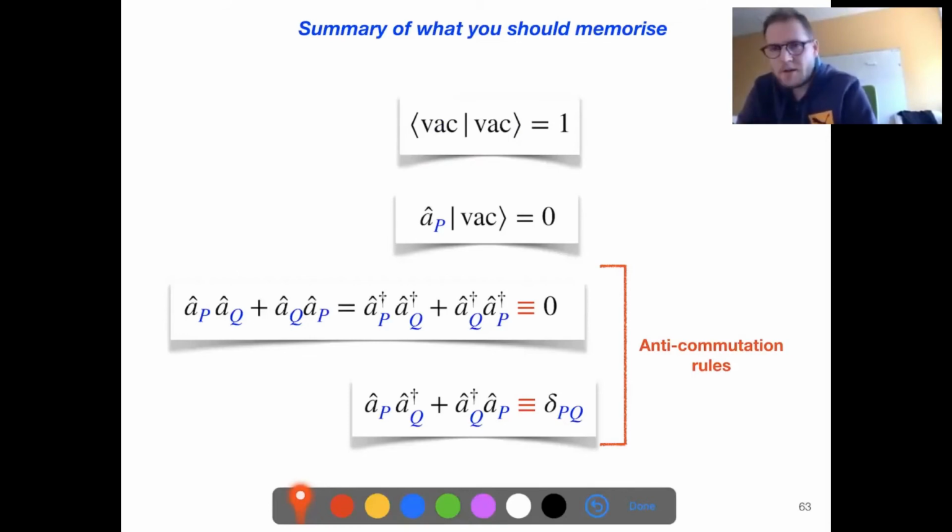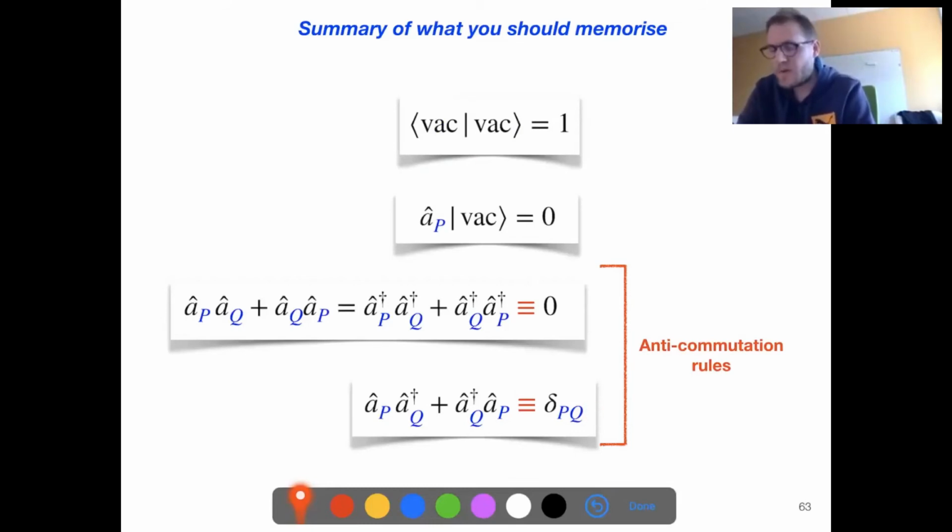We also learned that the annihilation operators anti-commute, which means that a_p a_q plus a_q a_p is zero, and the same thing happens for the creation operators. And we know that this is the mathematical translation of the Pauli principle, okay? And finally, we also learned that there is an anti-commutation rule for annihilation and creation operators, and the difference is that now we have this connected delta.